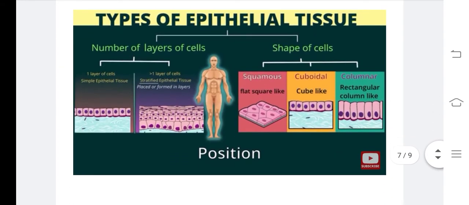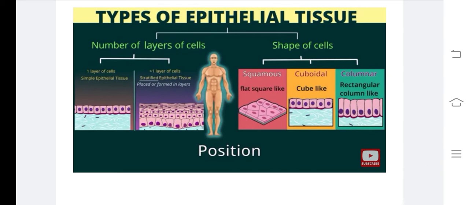Very important points here. Till now, what have we discussed? We have discussed the types of epithelial tissue, based on the number of layers of cells. One is simple epithelial tissue, another is stratified epithelial tissue. What about the shape? Why do we call it squamous?